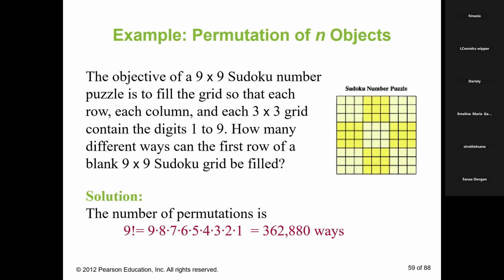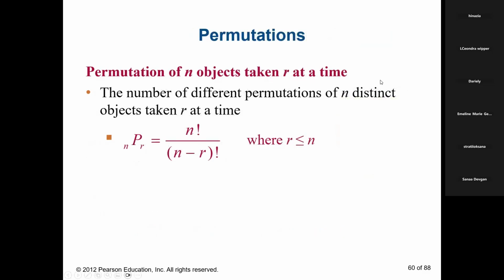Let's continue here. The formula you need to use to find the number of permutations is this formula: nPr is n factorial over n minus r factorial. So keep in mind, anytime you talk about permutation, order is important.